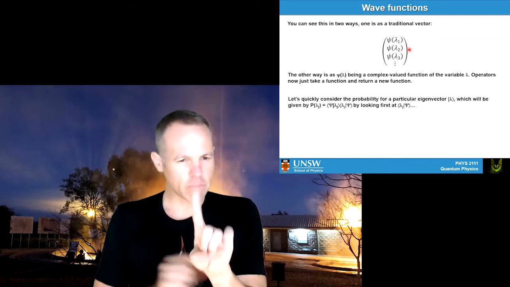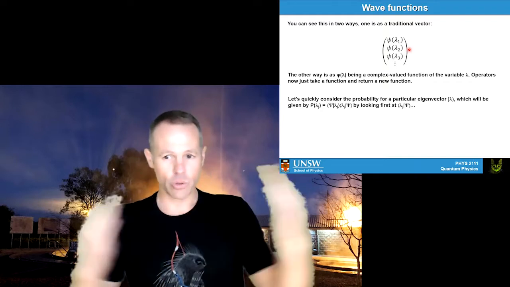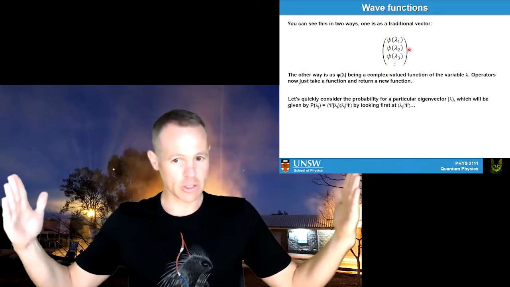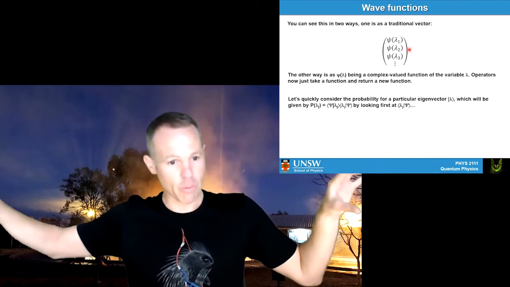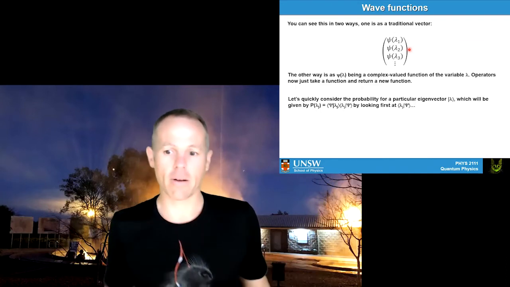Considering that as a vector, like which element do I pick, through to how I think about this in terms of a function, we're going to move across from this line now, okay?